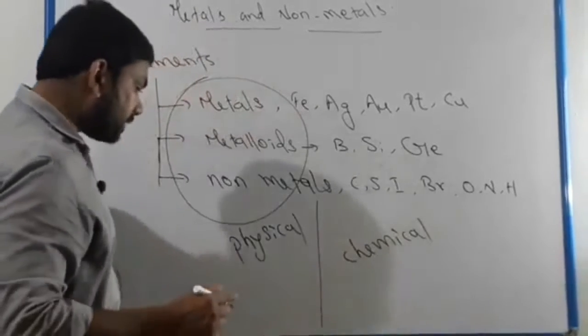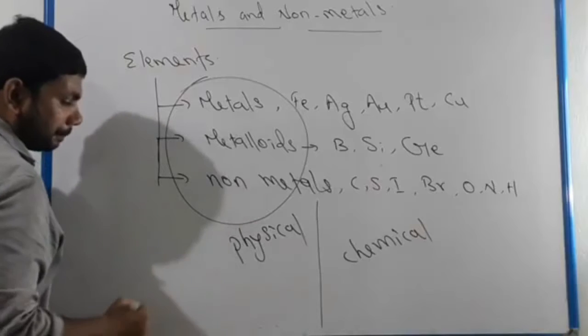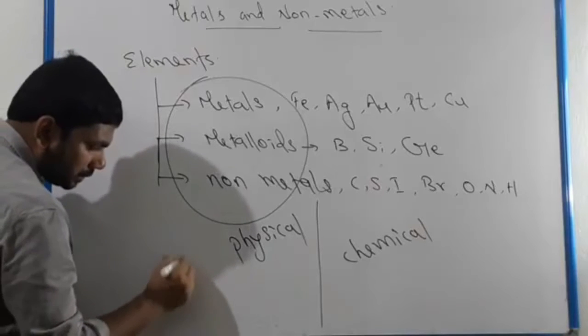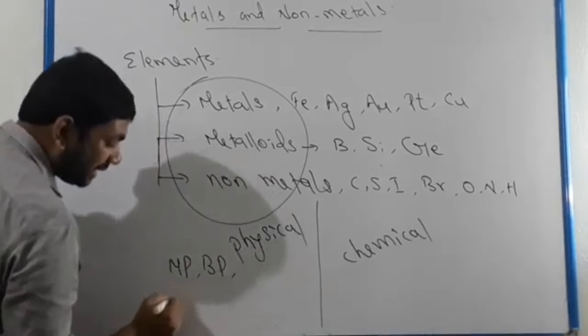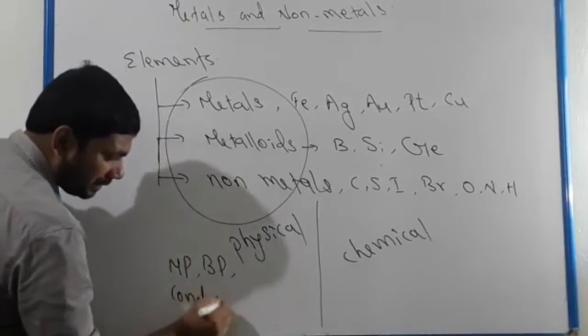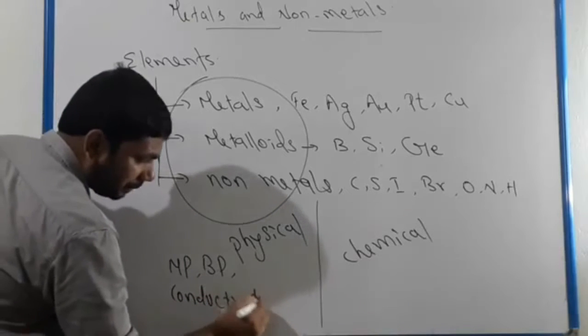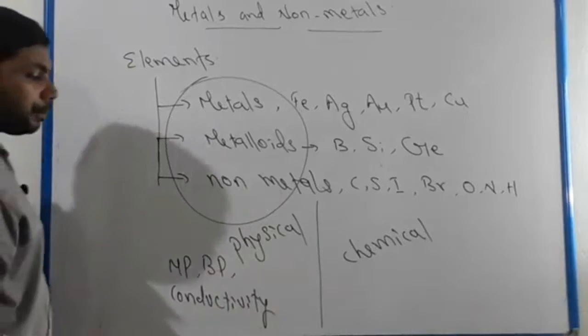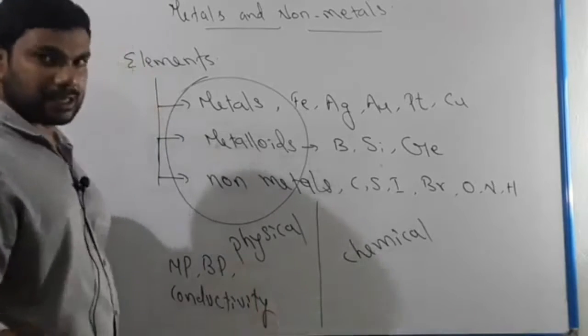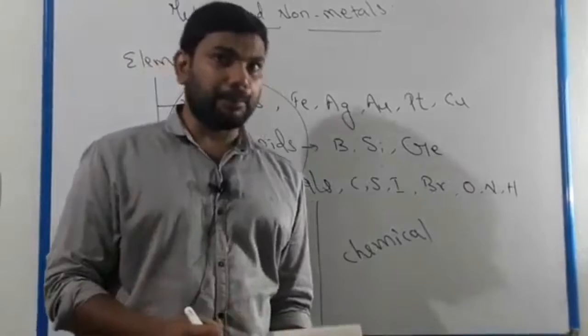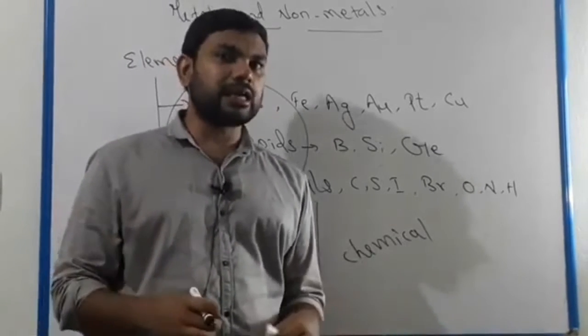Physical properties mean melting point, boiling point, conductivity, appearance of these elements, and hardness of these elements.